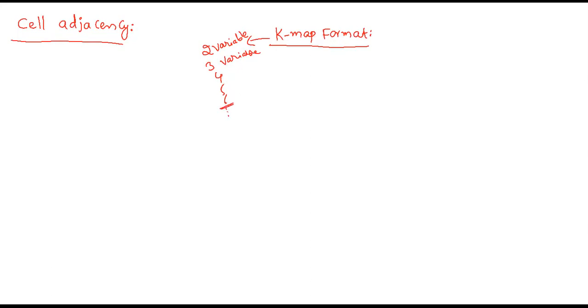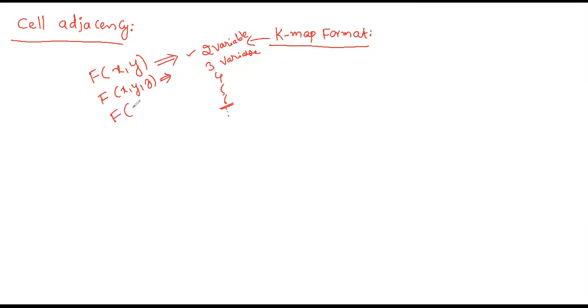When do we use 2 variable K-map, 3 variable K-map? If the Boolean expression contains 2 variables, we use the two variable K-map. If a Boolean function has three variables, we use the three variable K-map.